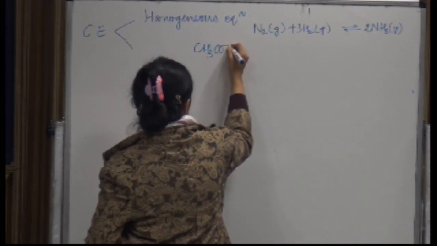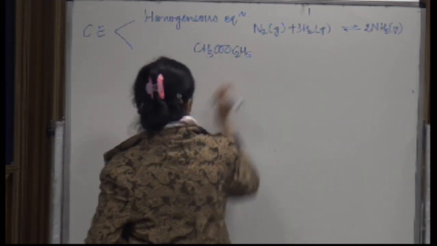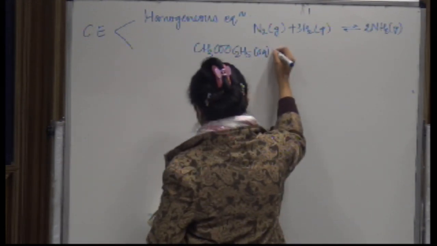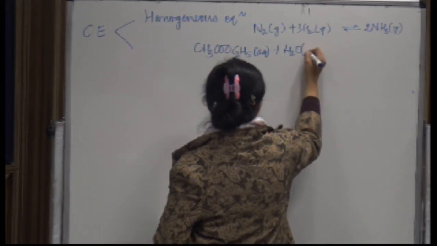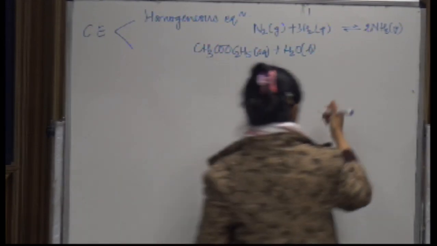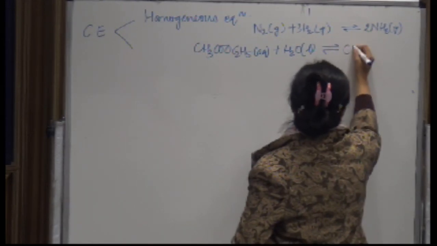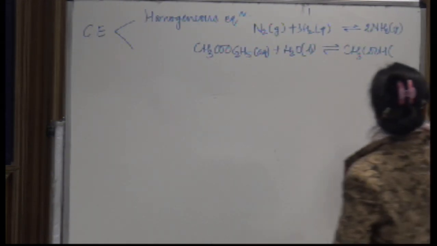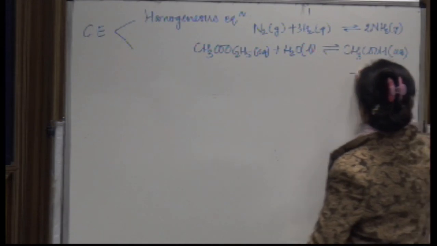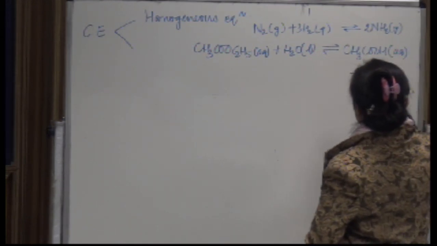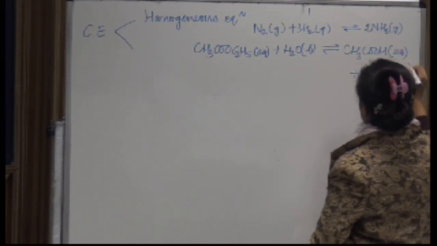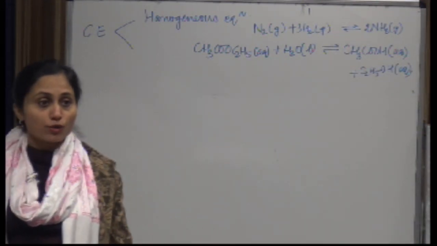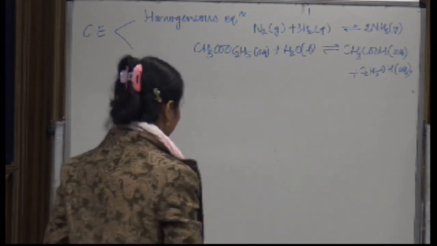Say you can have an ester, CH3COOC2H5, reacting with water, to give acetic acid plus an alcohol. So here again you have all of them in the liquid state, so that is why you say that this is also a case of homogeneous equilibrium.